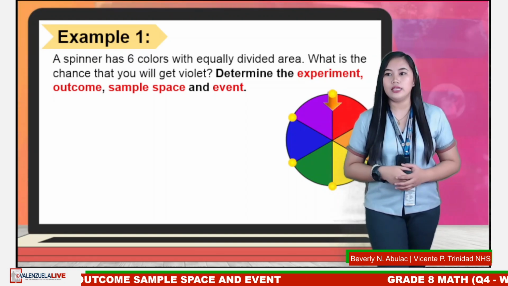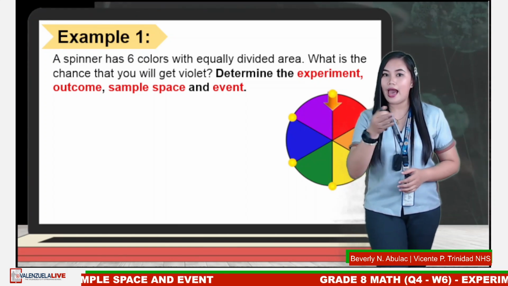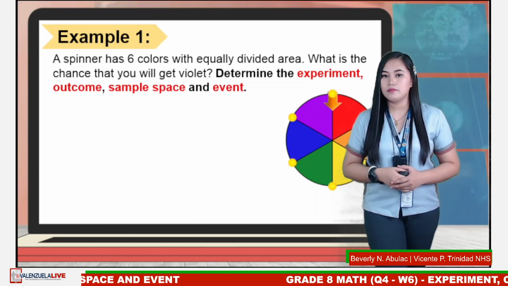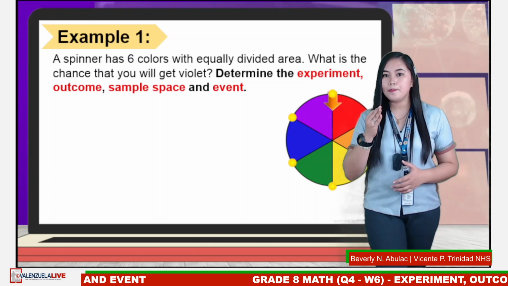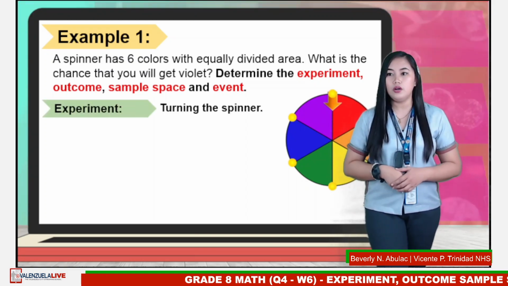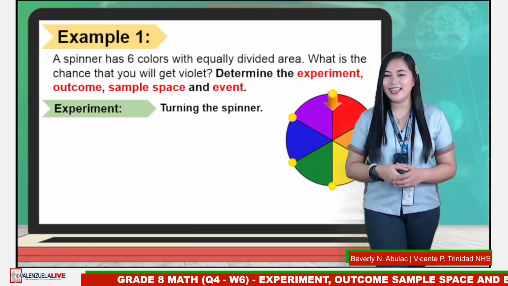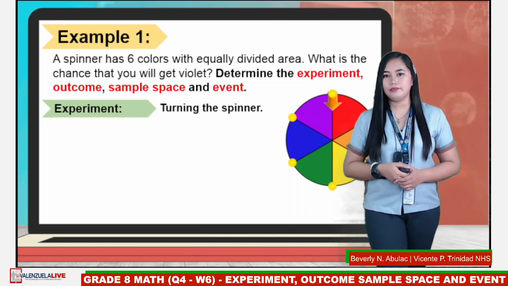By definition, the experiment is an activity involving chance that can have different results. In the above scenario, turning the spinner can give us different results. Therefore, the experiment is turning the spinner.